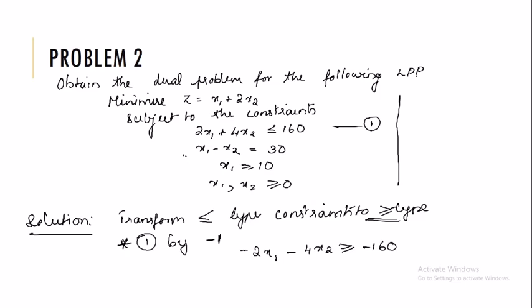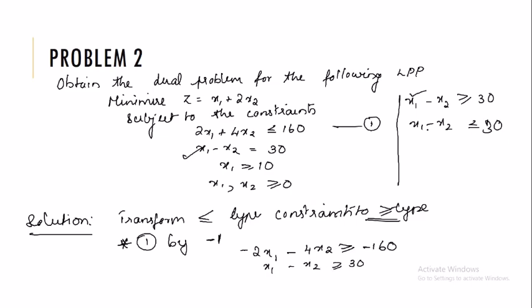Whenever you get an equality like this, you split it into x1 minus x2 greater than or equal to 30 and x1 minus x2 less than or equal to 30, and then you check whether this is a minimization problem. If it is a minimization problem, this one you can write like that itself, that is x1 minus x2 greater than or equal to 30.